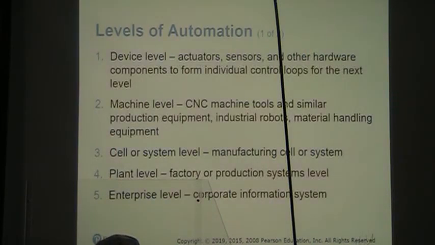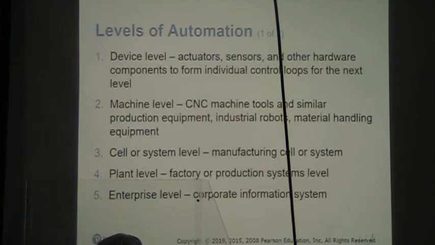So the different levels of automation, well, first of all, there's the device level. Actuators, sensors, any kind of hardware component that gives you an individual control loop for the next level.